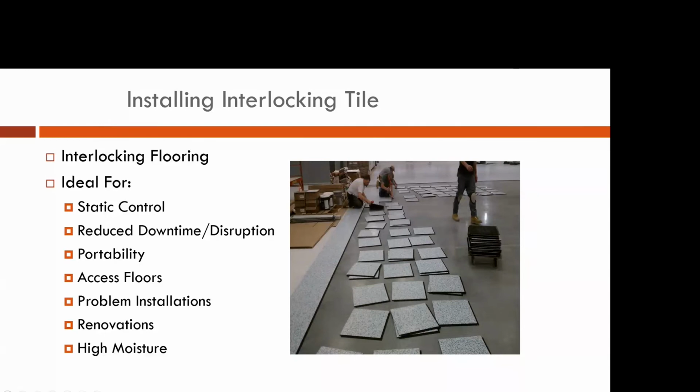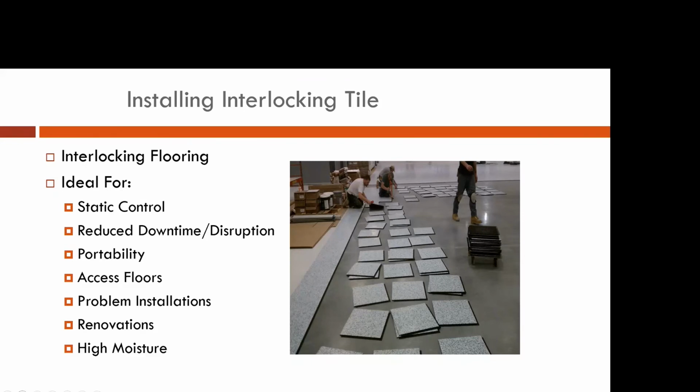So if you have problem floors, or you don't own the building and don't want to invest in the landlord's floor, it does behoove you to take a look and investigate interlocking floorings. And then also, if you have really a lot of construction considerations where there may be high moisture in the floor, or the floor is very damaged and would have to be repaired before you'd be able to put another floor over what's existing, interlocking floors are a great way to go.